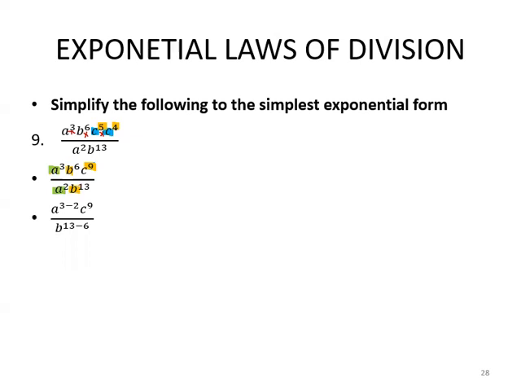B will still be in the denominator because the denominator b has a bigger exponent. So you will have 13 minus 6, because 13 is bigger than 6. That's why you keep the b in the denominator where the exponent is higher. 13 minus 6 will give you 7.